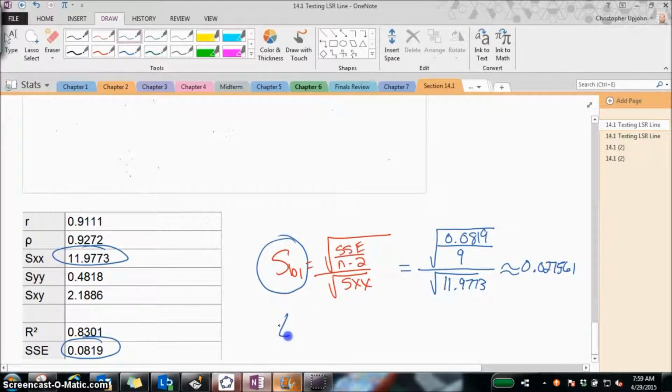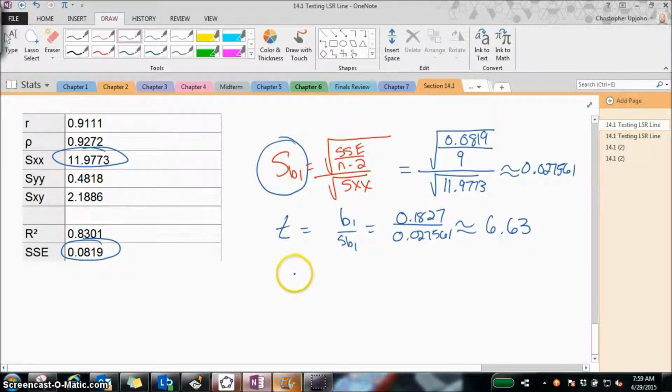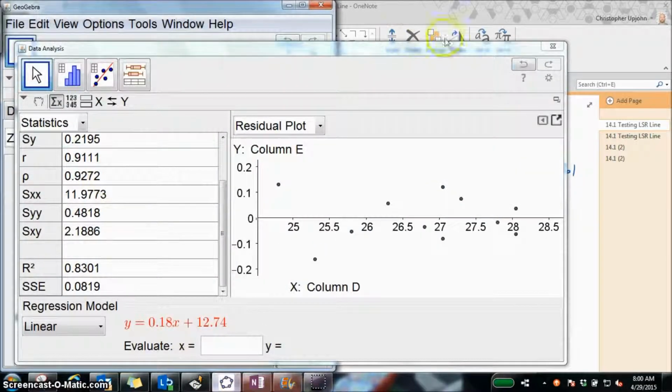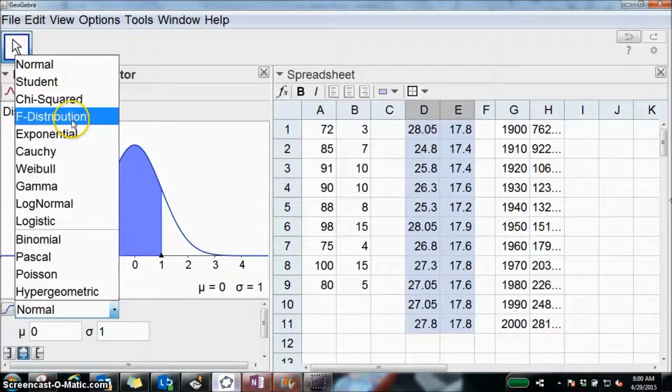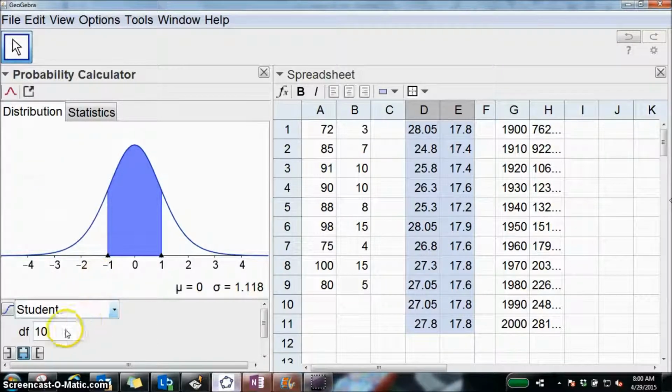That'll give you our SB1, our standard error, 0.27561. So to find our T-score, we have to do our beta 1 divided by SB1. Our beta 1, 0.1827, divided by 0.27561, gives us our T-score of 6.63. And then we have to take it old school, doing either TCDF or we can go over to our probability distribution, student distribution, degrees of freedom 9.